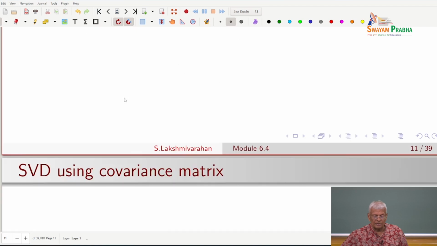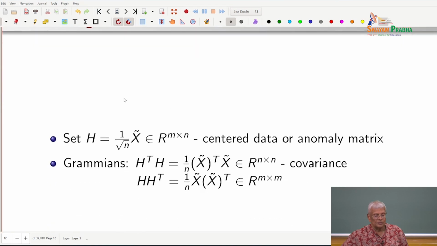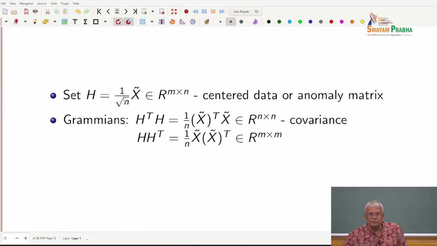You already know that relation. Now I am going to do an SVD analysis based on covariance, that is X tilde. There is another name for X tilde, called centered data.